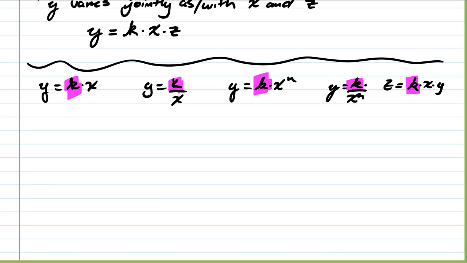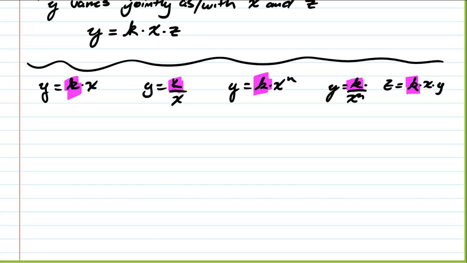What arithmetic operations are present in variation problems? Well, to connect the variable x to k, we are either multiplying or dividing. That's it. So in variation problems, we will never add and we will never subtract. It will always be k times something or k divided by something.